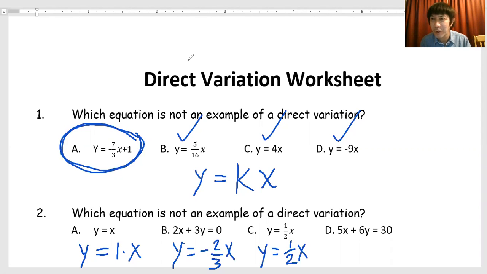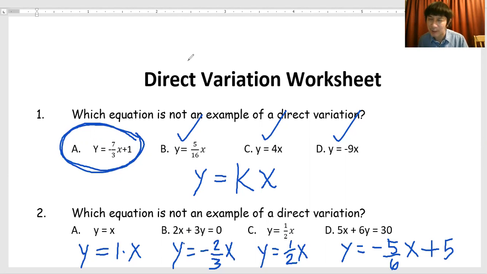Okay, if we're going to work on this, it will be transformed to something like y is equal to -5 over 6. That will be 5 over 6x, and you have that 30, that becomes 5, like that.